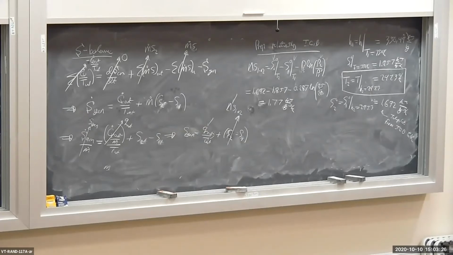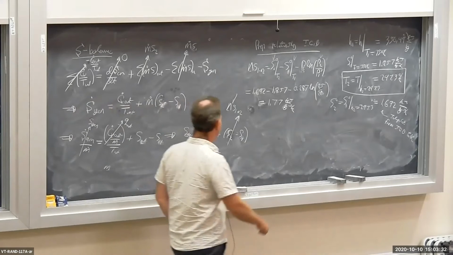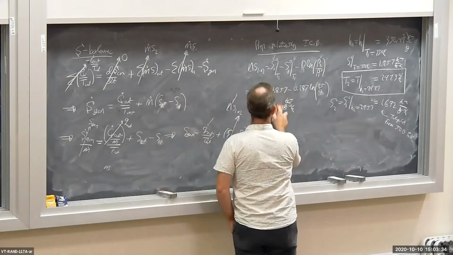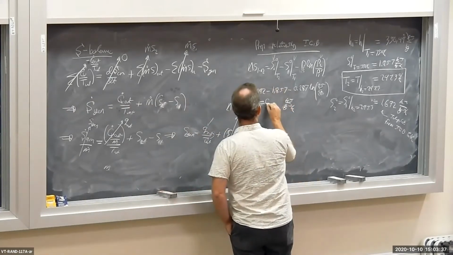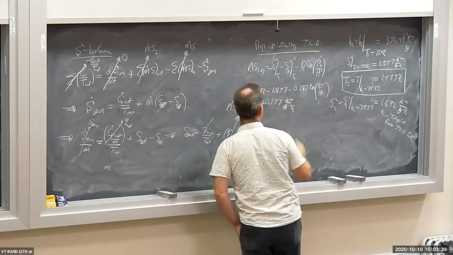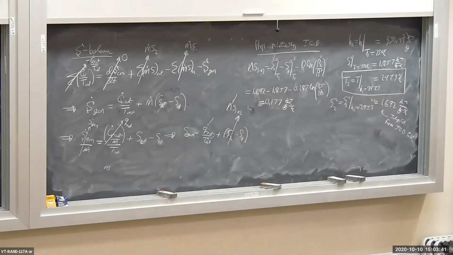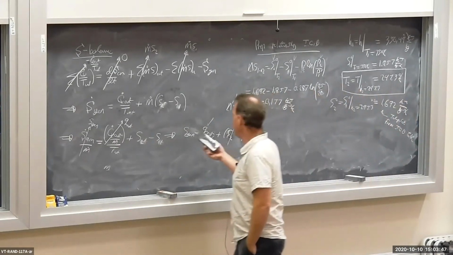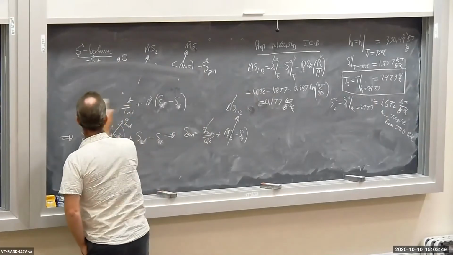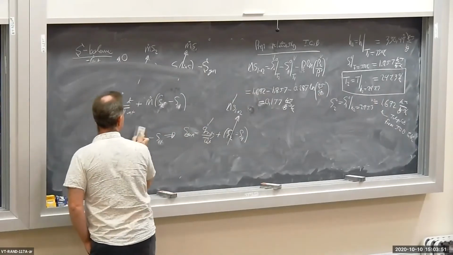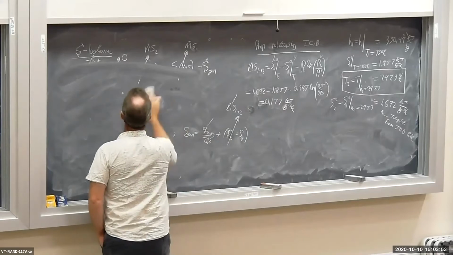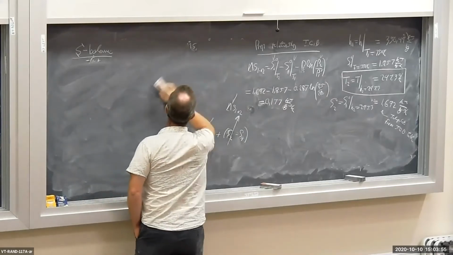Oops, I'm sorry, I got this wrong. It's 0.177. Sorry about that. That seemed a little high. That's a lot of entropy transfer. 0.177 kilojoule per kilogram degree Kelvin. So we now know delta s from 1 to 2. I'm running out of room here, so I'm going to switch up to the top, rewrite my equation for s gen, and we're going to crank out what s gen is.